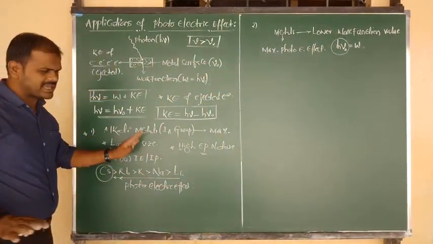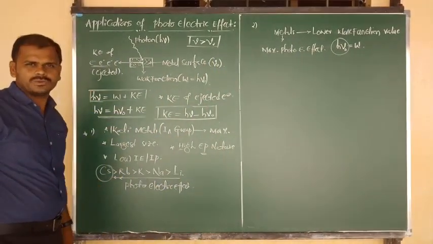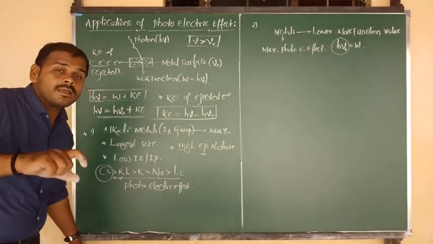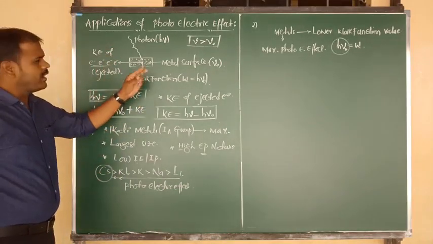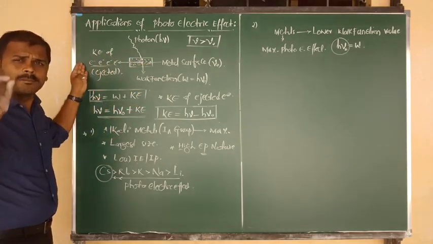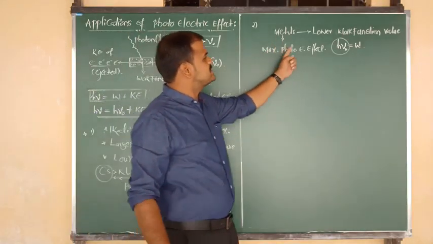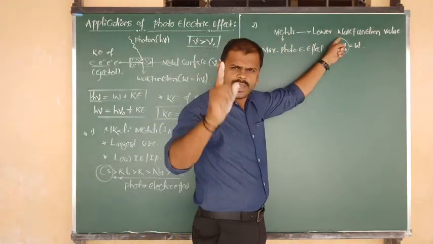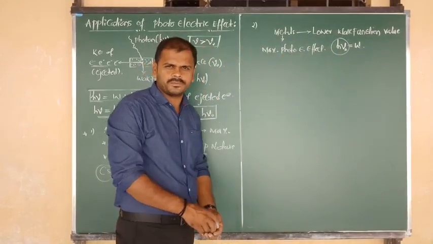Alkali metals show maximum photoelectric effect, and the order I have also given to you. From which metal can we easily remove the electron? From cesium. In the photoelectric effect, elimination of the electron takes place easily using low energy, that is, a low work function. So cesium is the metal that has a very low work function value, and that's why it shows the maximum photoelectric effect.